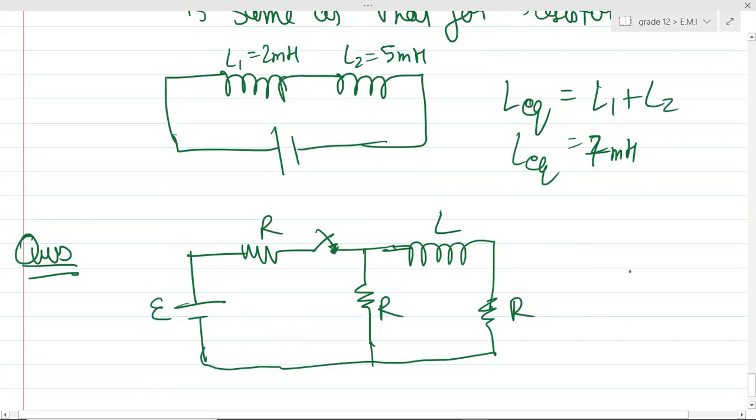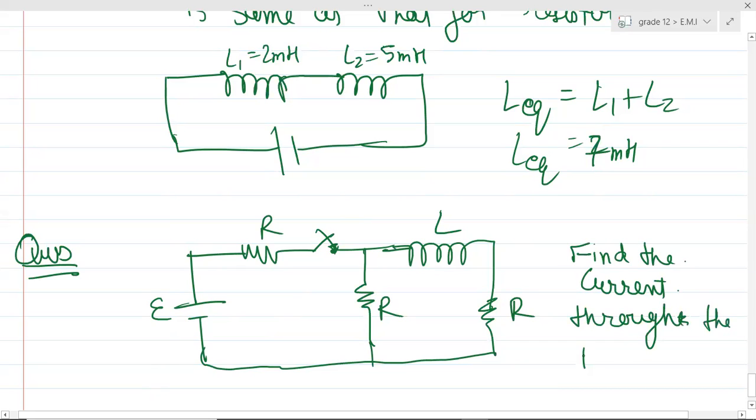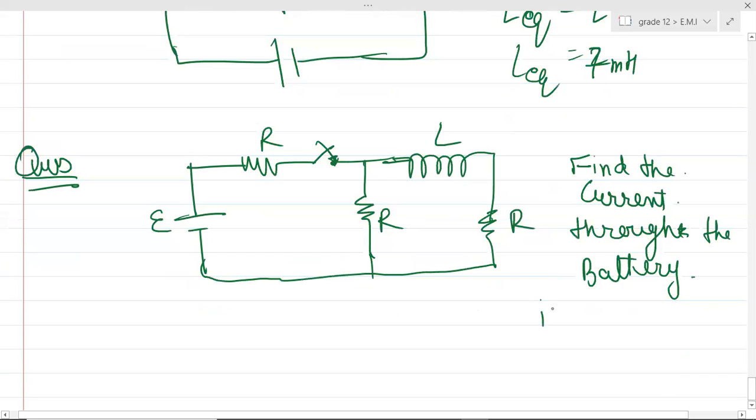Now the question is, find the current through the battery, first at t equals 0 and second at t tending to infinity.